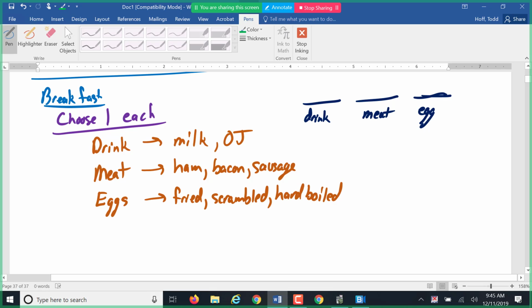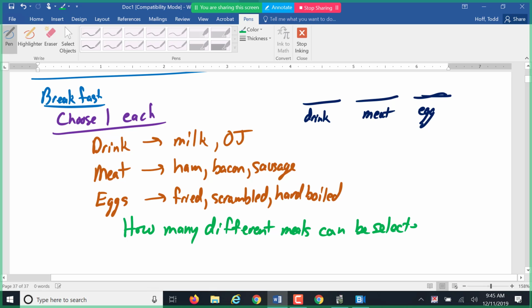So how many different meals can be made? How many different meals could be selected? Assuming that you did have to choose one from each category.